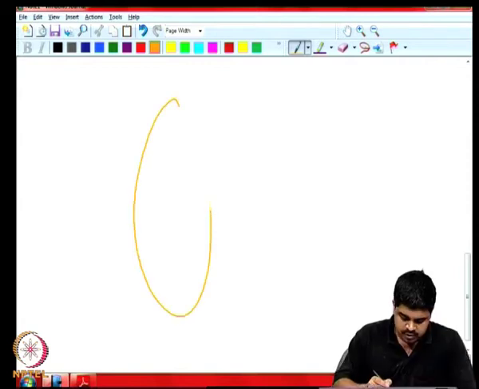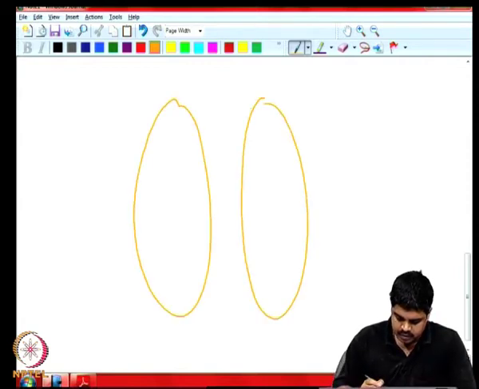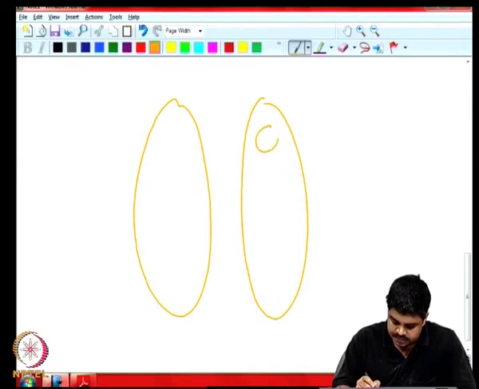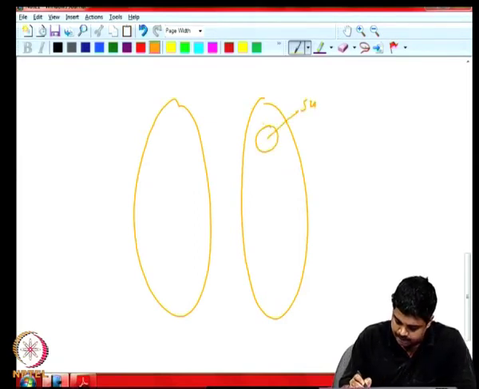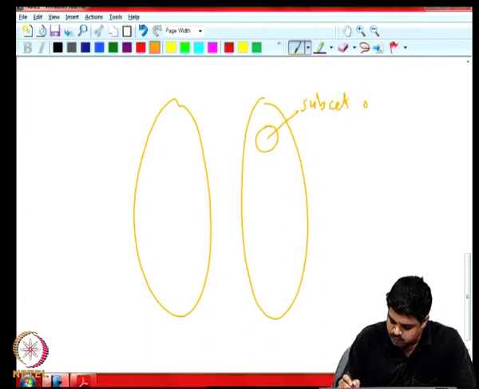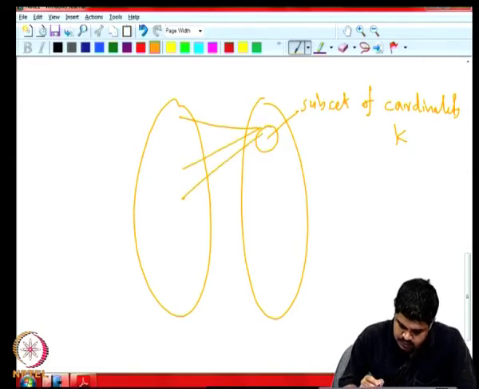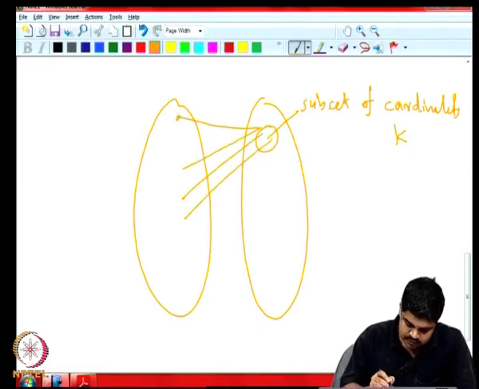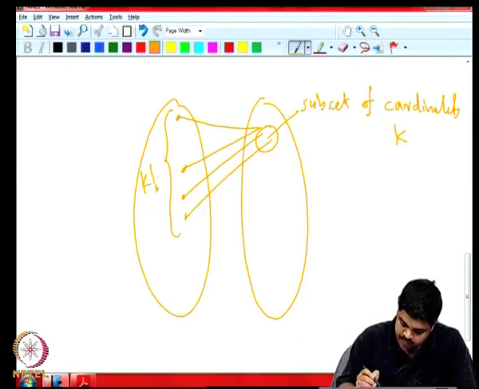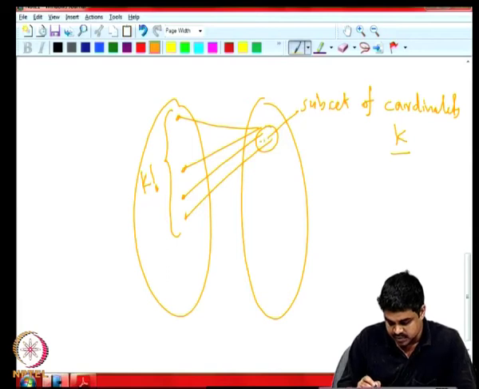So, therefore, here we can see that for each subset of cardinality k, the k factorial lists will get mapped to it, because this is a k element subset, and k factorial permutations are there for the members here, right.